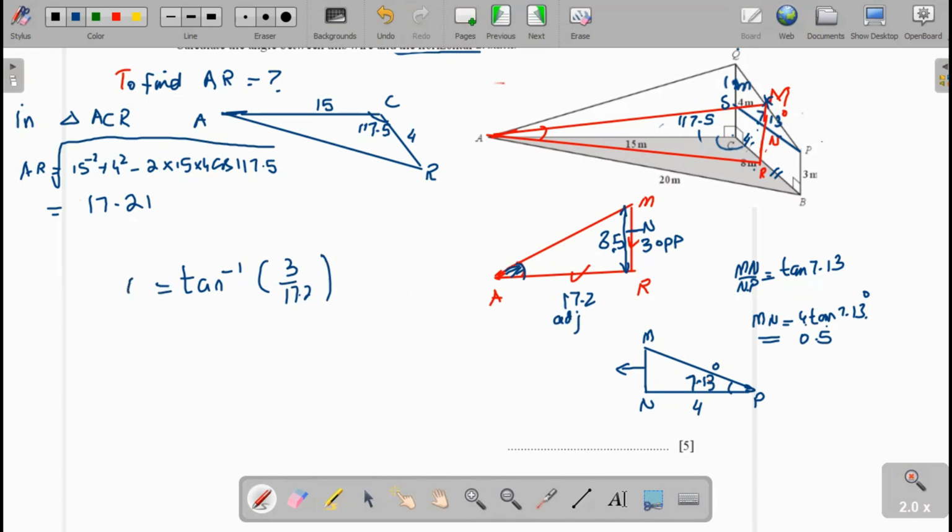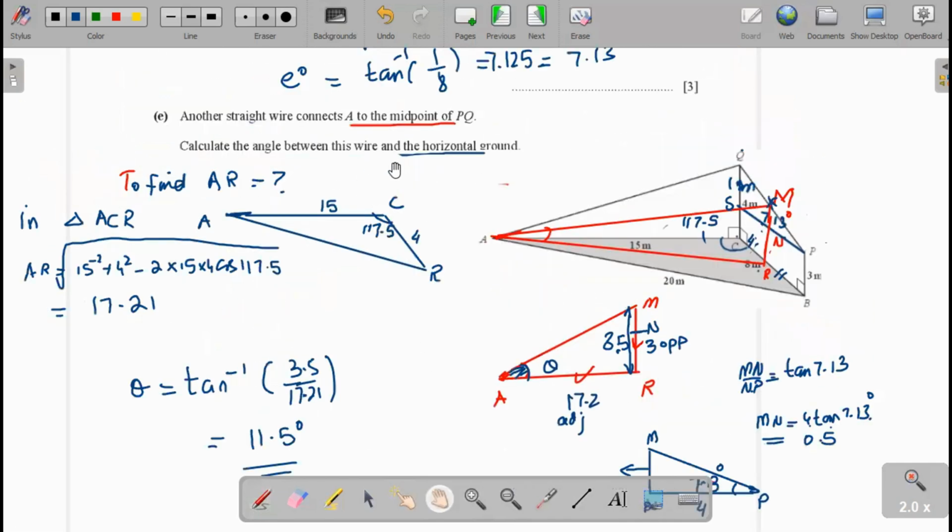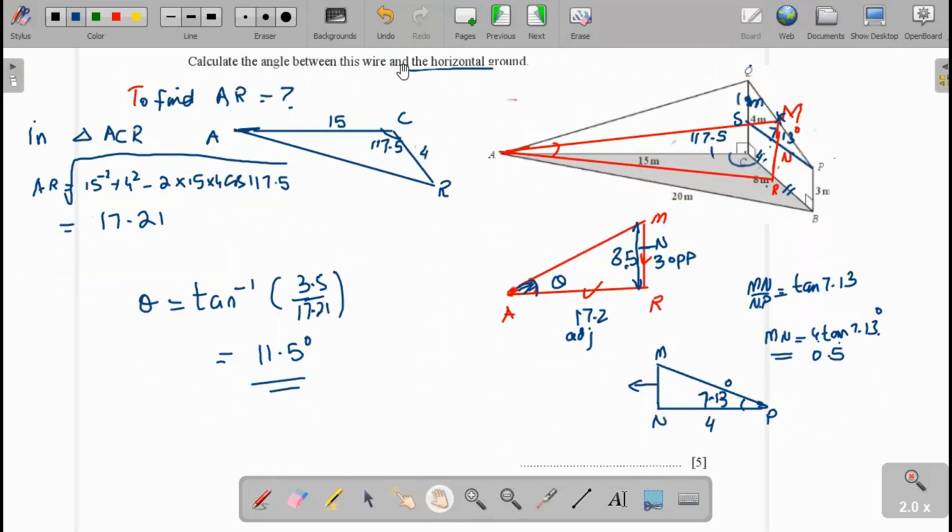Now we calculate it: tan inverse of 3.5 divided by 17.21. The answer is 11.49. 11.5 degrees is the answer. This is the angle between the wire and the horizontal ground.